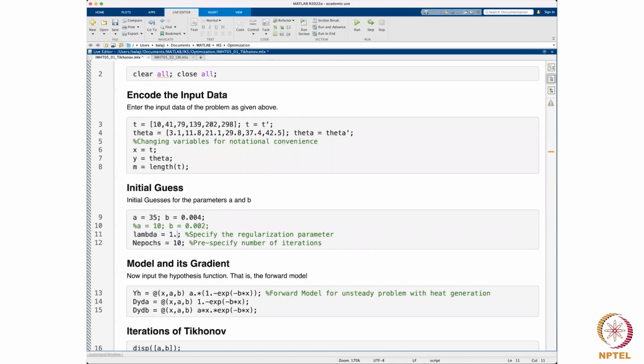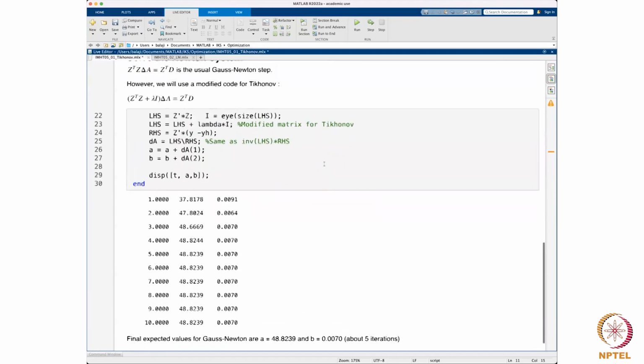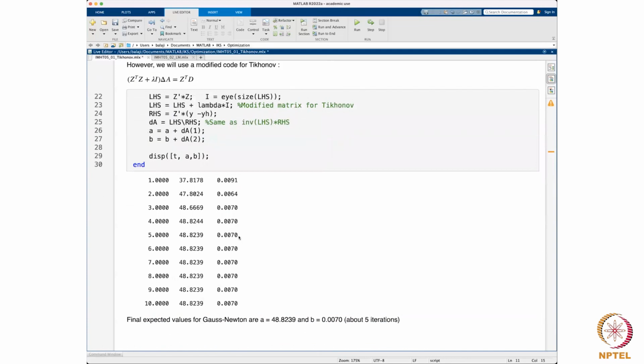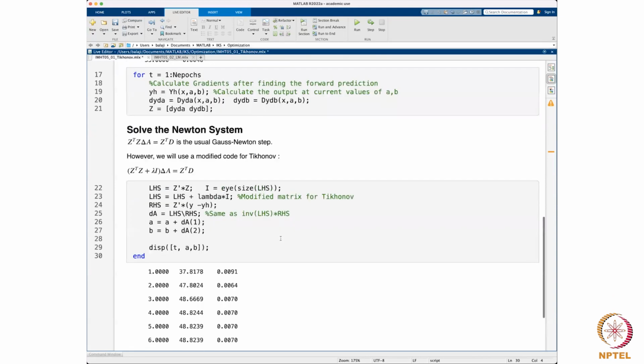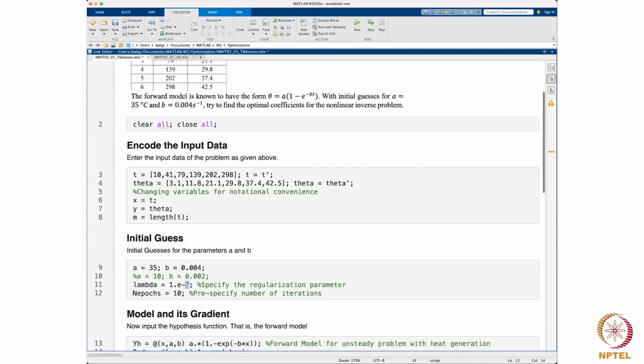Instead of taking lambda equal to 0, let's say we take lambda equal to 10 power minus 4, or let's say 10 power minus 7, which is really small, and we can run it. So you can see that it has still converged in about 5 iterations. Okay, so the convergence process is slightly different, but lambda equal to 10 power minus 7, which is very small, close to 0, still gets you about 5 iterations.